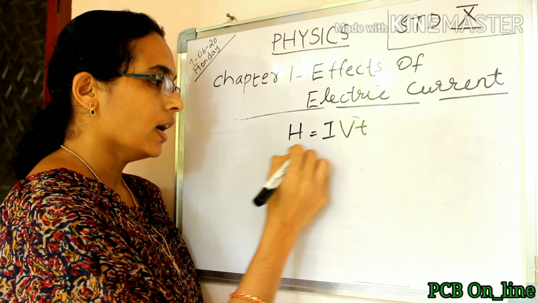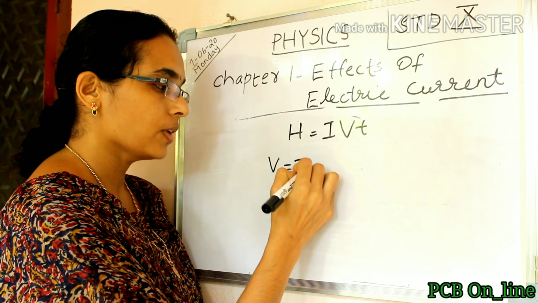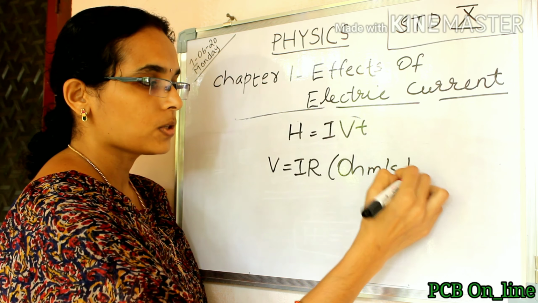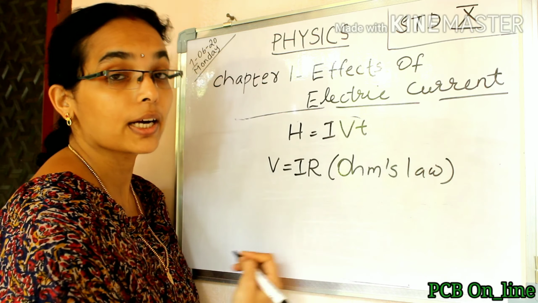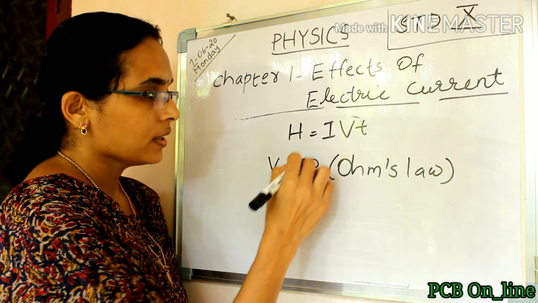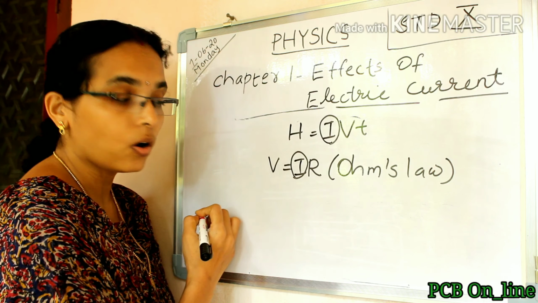Now we have V is equal to IR from Ohm's law, which we have studied in 9th. Now we write an expression for I from this Ohm's law.